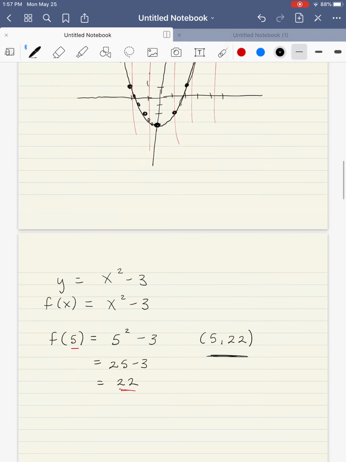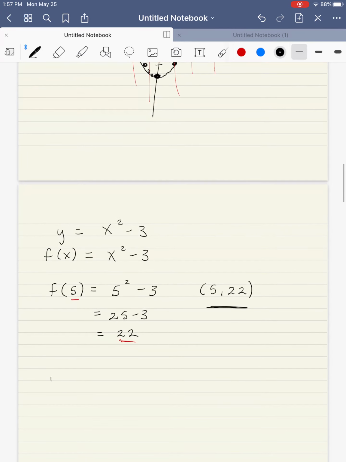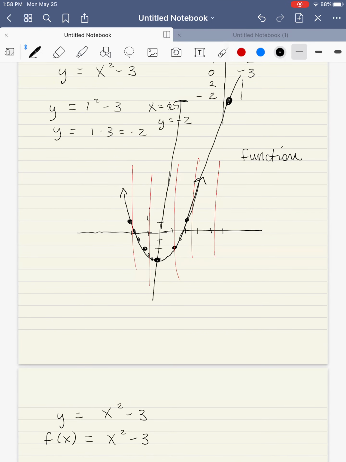So all of these infinitely many ordered pairs that I'm creating here, say f of negative 3, f of 1/2, f of 7, I can find each of those function values, and it would create a point somewhere on this graph.